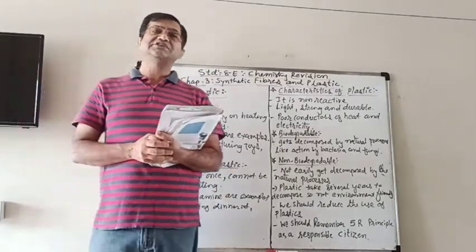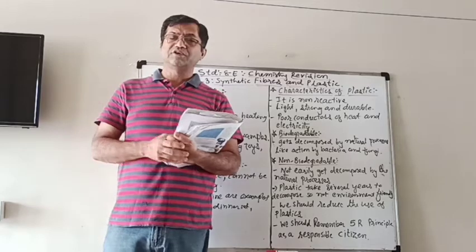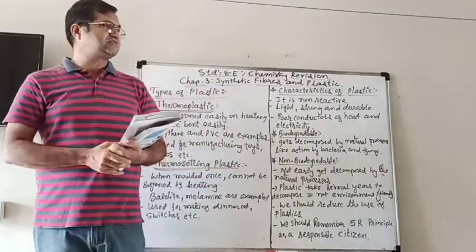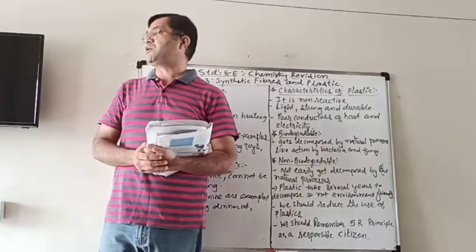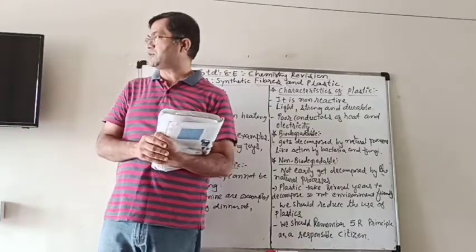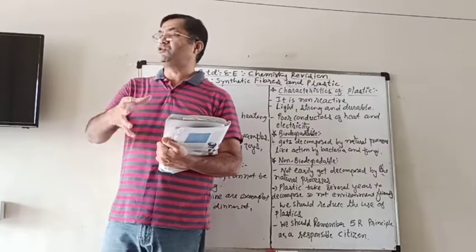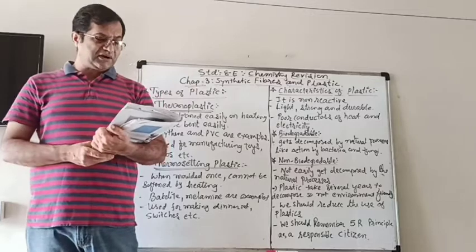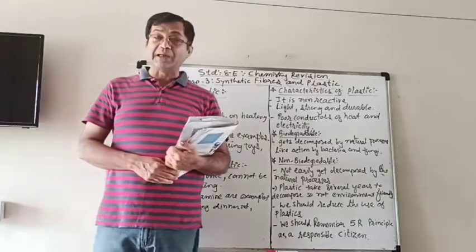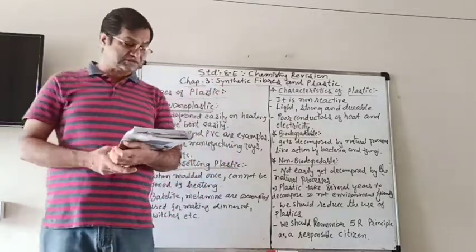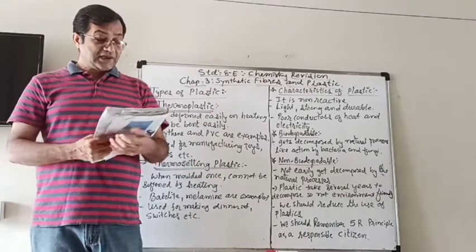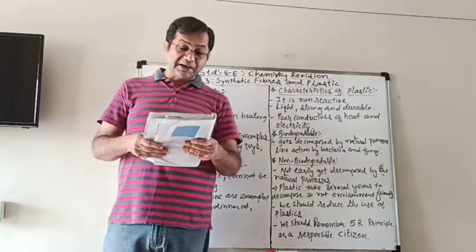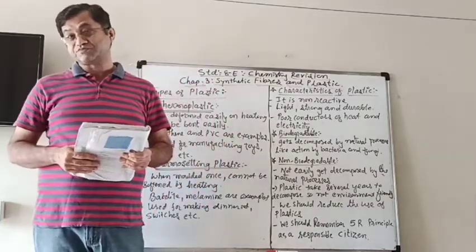Similarly, in the kitchen, when we want to lift hot utensils, the handles are made of bakelite, which is a poor conductor of heat. So we do not get burned when we hold it. The other one is melamine. Melamine is a very versatile material, and it resists fire and can tolerate heat better than other plastics.